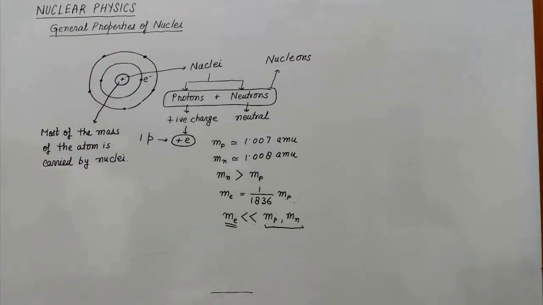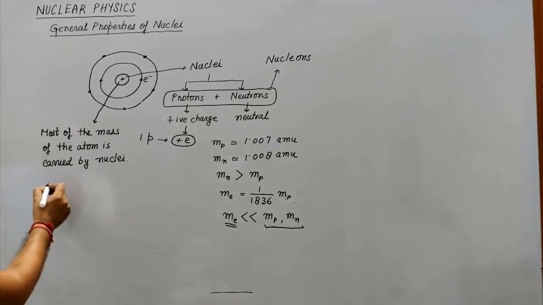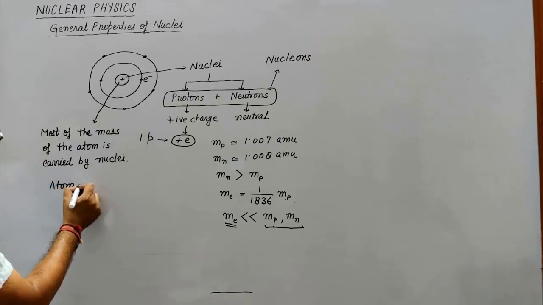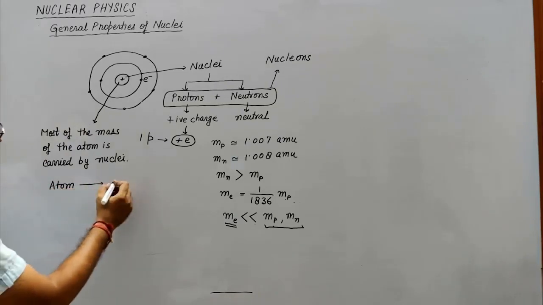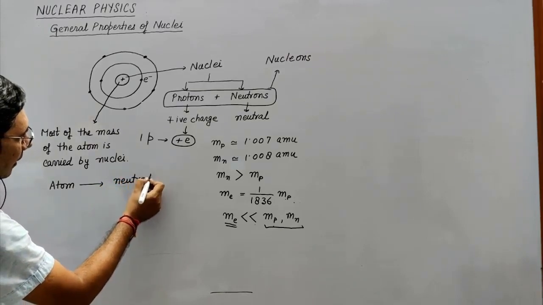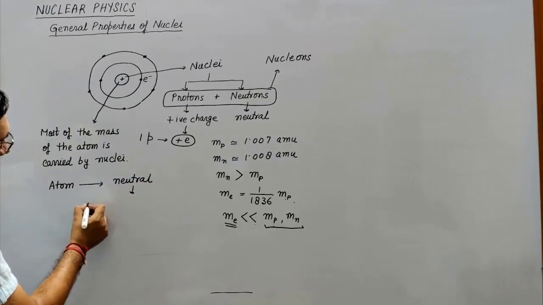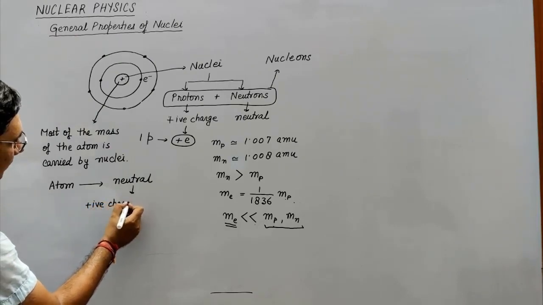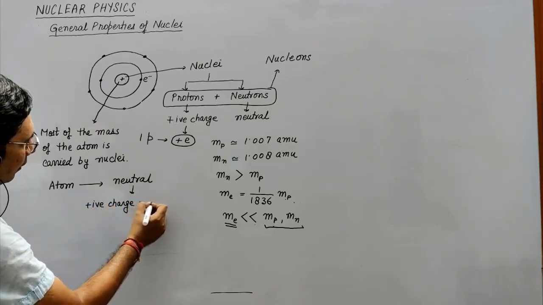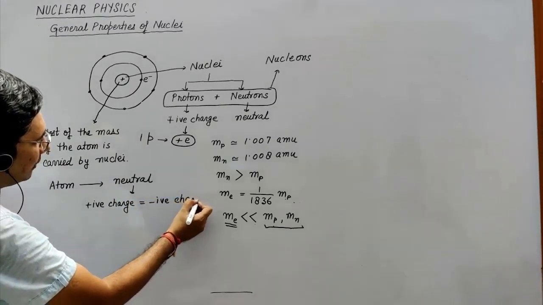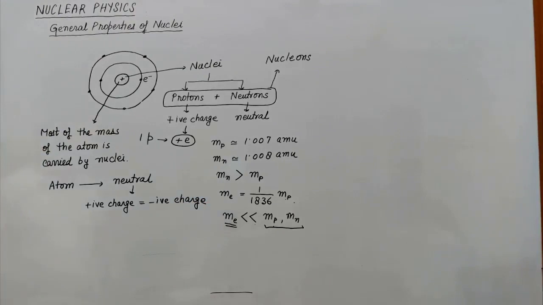But if you consider an atom, then an atom as a complete entity is neutral. So as an entity, the atom is neutral. It means positive charge in an atom is equal to negative charge. So total positive charge in an atom is equal to the total negative charge.